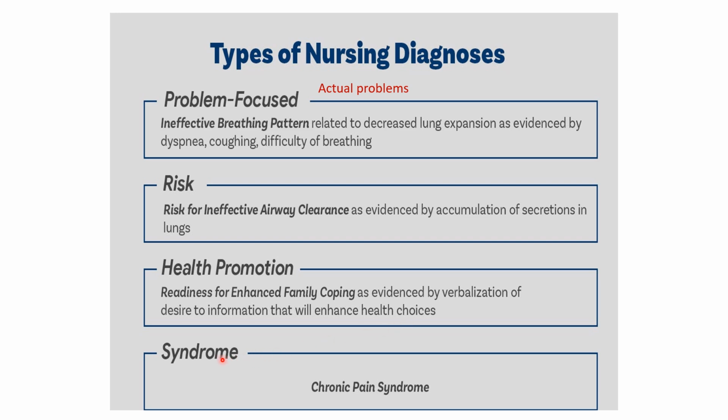And then we have syndrome, which is chronic pain syndrome as a diagnosis, the most simple diagnosis to make. So many times they always want the actual problems, the problem-focused diagnosis.